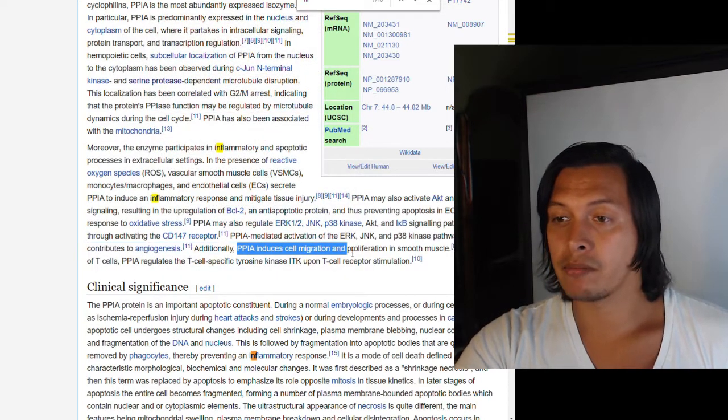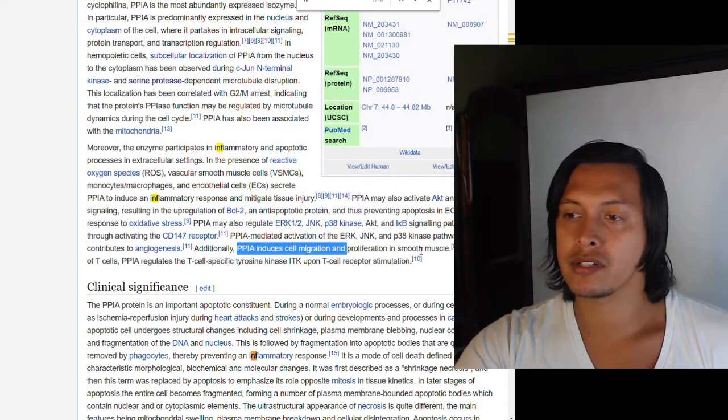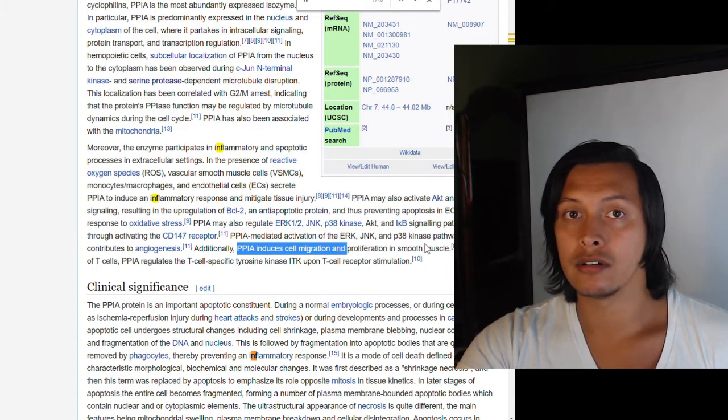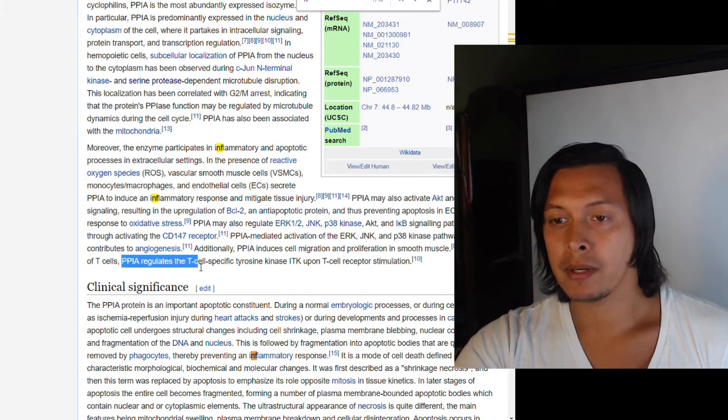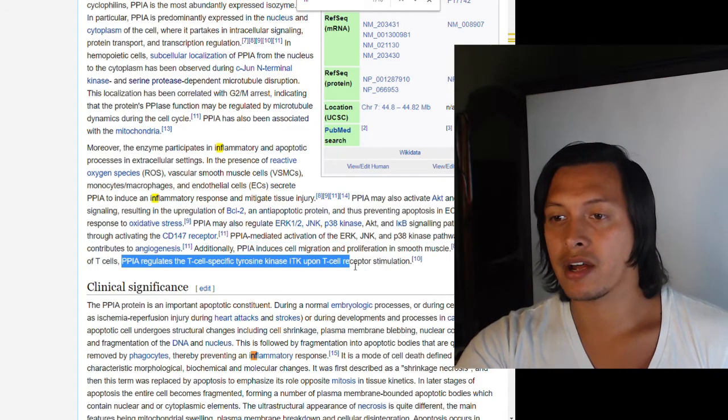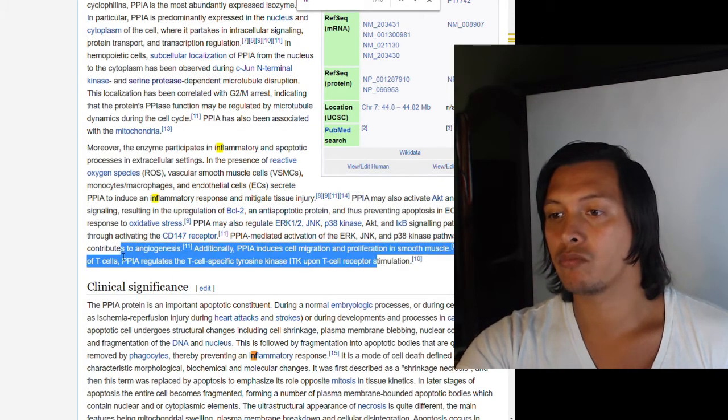Additionally, this induces cell migration and proliferation in smooth muscle, say, in the heart. In the case of T cells, PPIA regulates T cell specific tyrosine kinase upon T cell receptor stimulation.